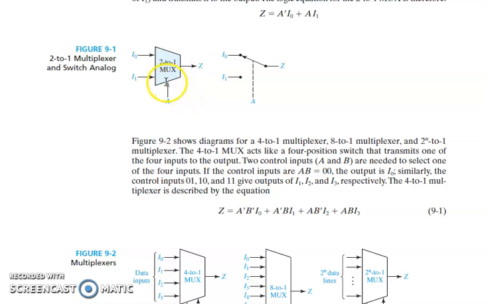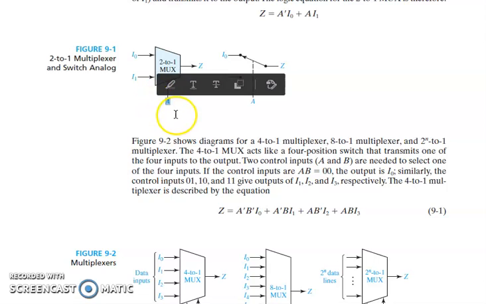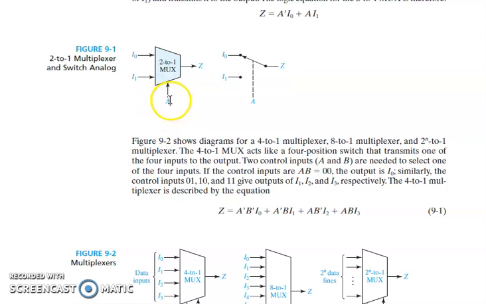So the major inputs are the select inputs, because they decide what will be our output, which can be 0 or 1. So Z is equal to this output. The select input is named A. If A is 0, meaning A bar, then I0 will be our output, plus if A is 1, then I1 will be our output. So Z is equal to A bar I0 plus A I1.